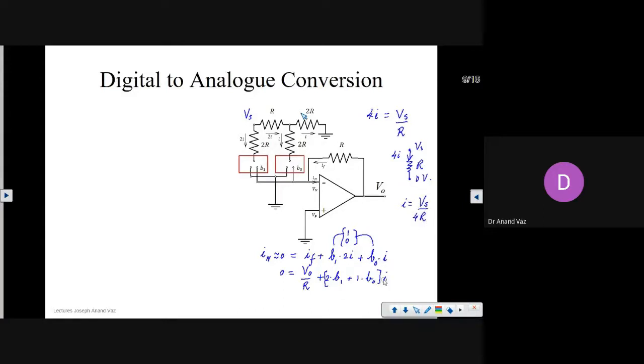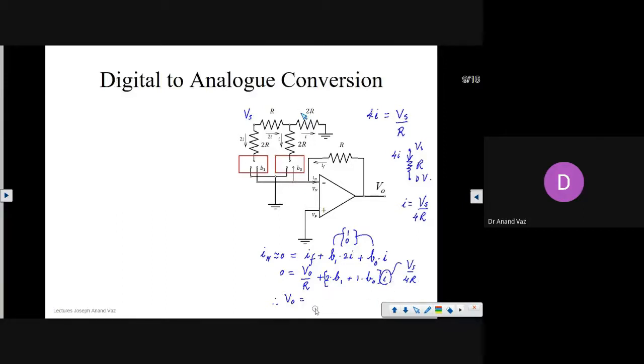So therefore, V output will be equal to, if we write this as Vs divided by 4R, you can see that R will cancel on both sides since it's in the denominator. Left side is 0.